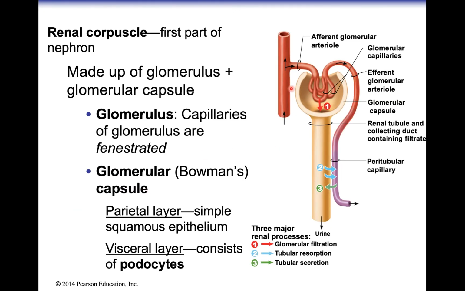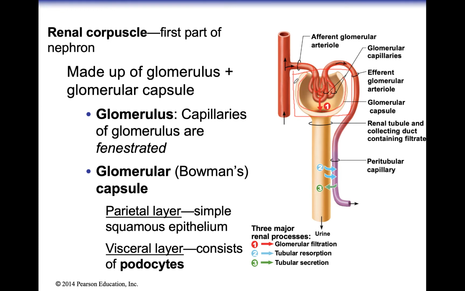So I'm using the same picture, but right now we're just going to focus right over here. Let me switch to my pen. So this is the structure we're going to focus on right now. You already learned afferent arteriole, glomerulus, efferent arteriole. But this glomerulus is surrounded by capsule.